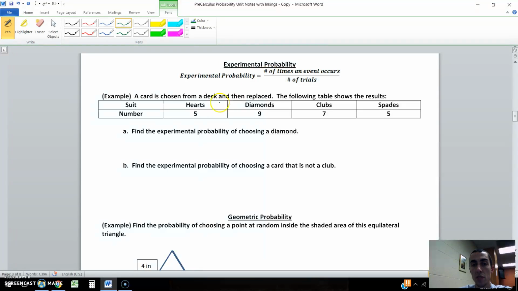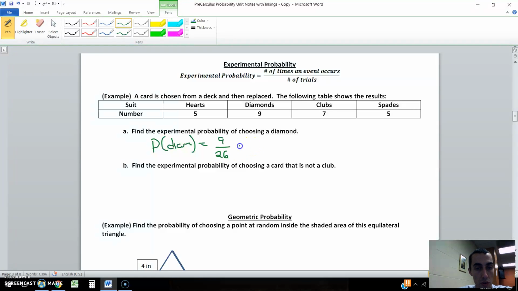So we find the number of times the event occurs, which would then be probability of diamonds occurs 9 times, and then how many trials were there? Take 5 and add 9, 7, and 5. Add those all up and we've got 26.